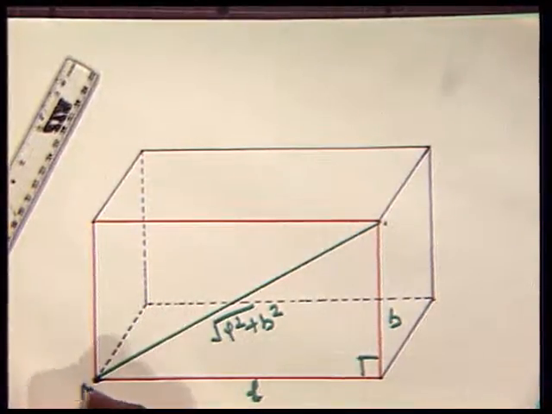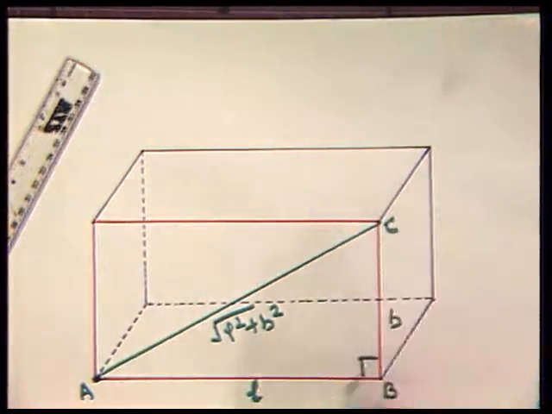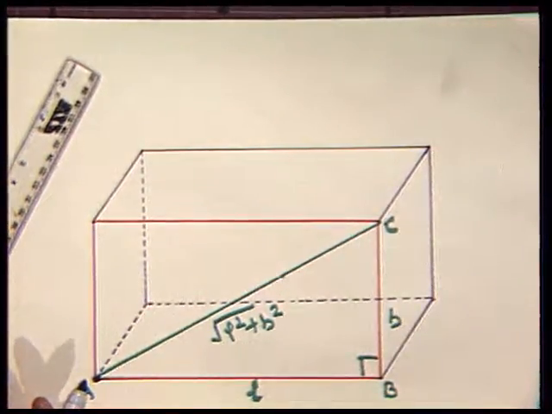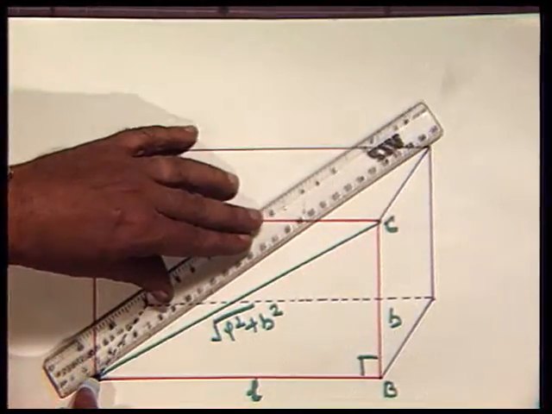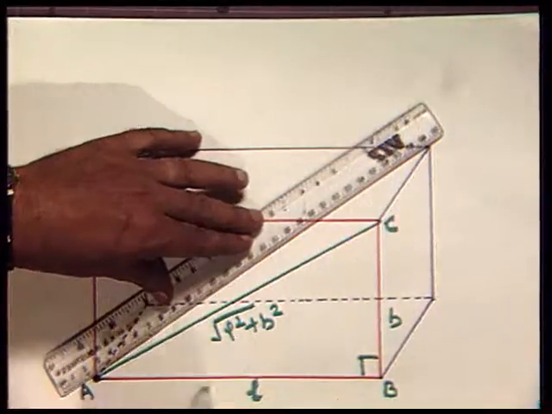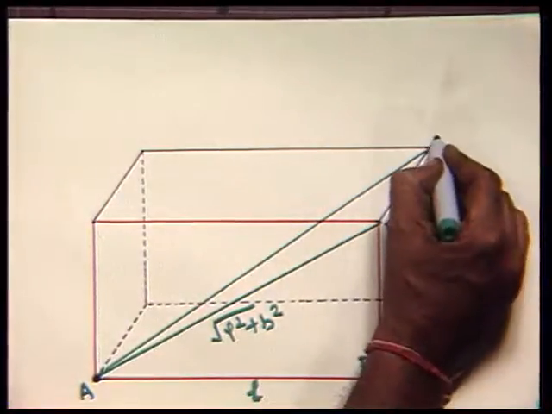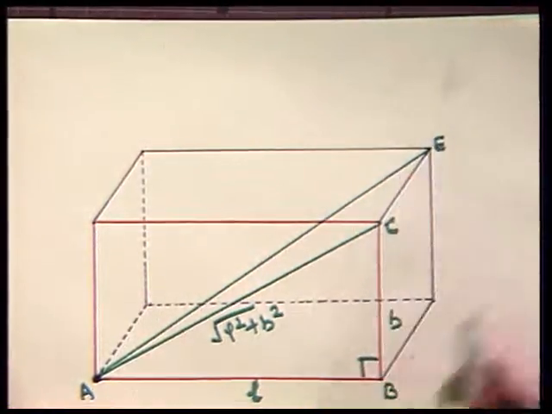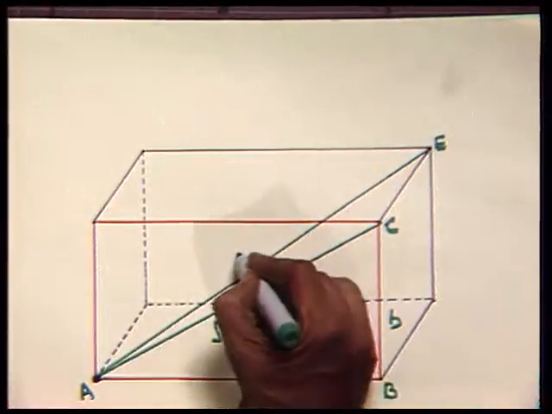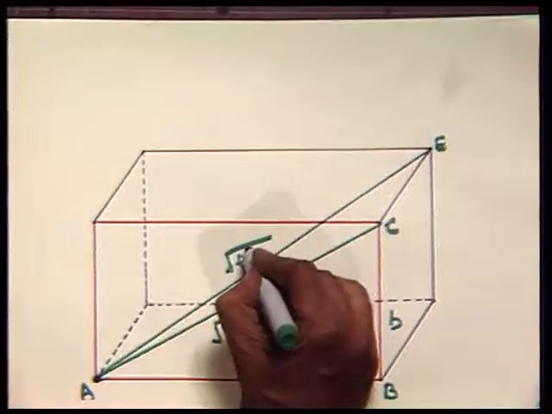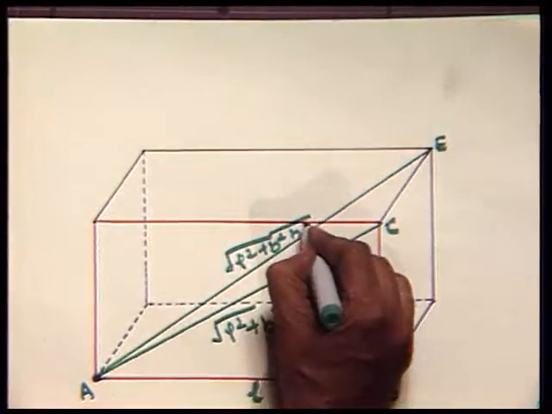If I name this A, B, C. And where is the longest rod? The longest rod will be from A to E. And that will come out to be under root L square plus B square plus H square.